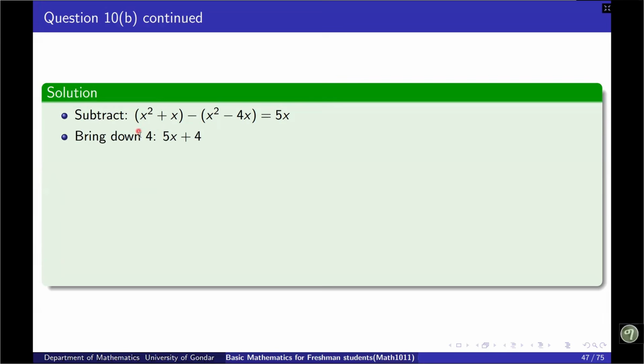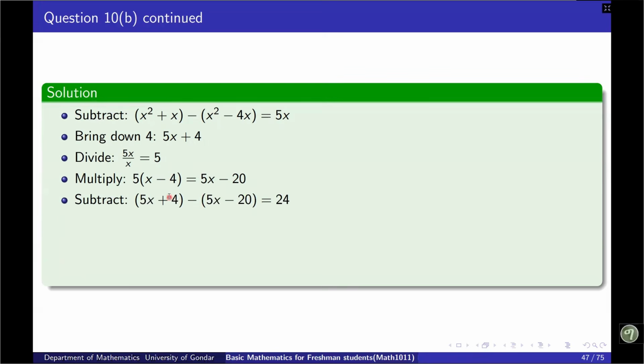Then bringing down 4, 5x plus 4 is again divisible because we have a linear denominator, so the next term is 5. If we multiply the denominator by this quotient term, we have 5x minus 20, and let's subtract this product from 5x plus 4.